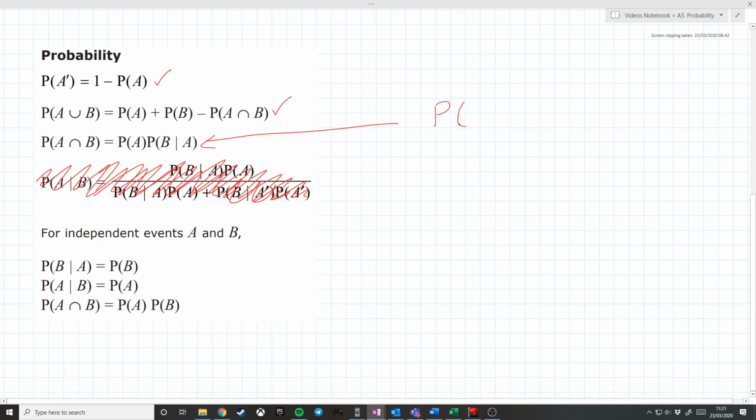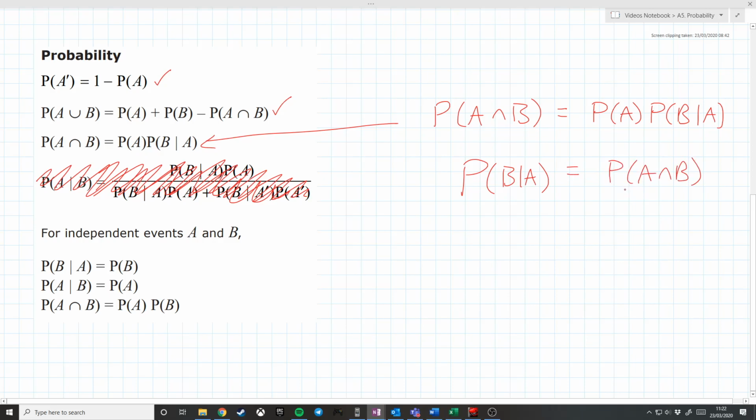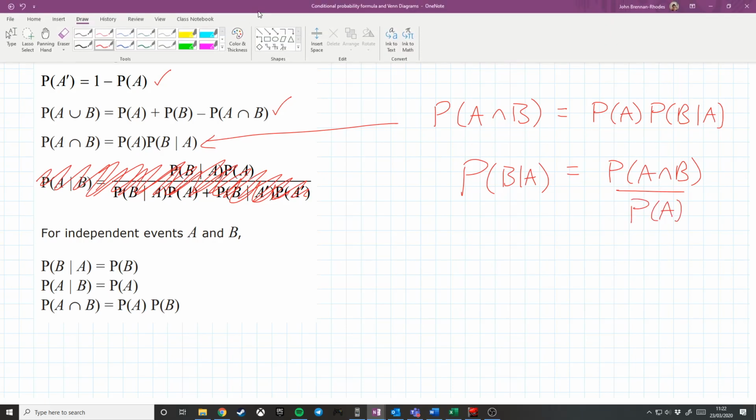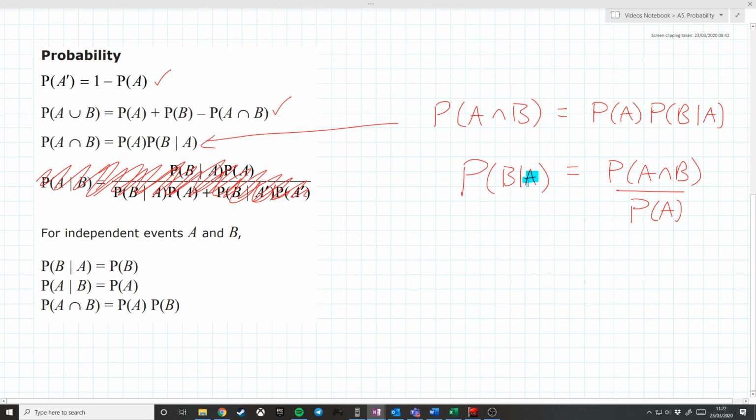It's written the probability of A intersect B is equal to the probability of A times the probability of B given A. I recommend you often think about this as the rearrangement of this formula, which is the probability of B given A is equal to the probability of A intersect B divided by the probability of A. And the letters are a different way around to what I did before, but note that the second one is on the bottom.